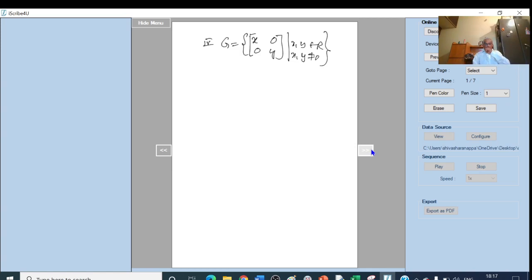To verify that this is a group, again we go first for the closure law.